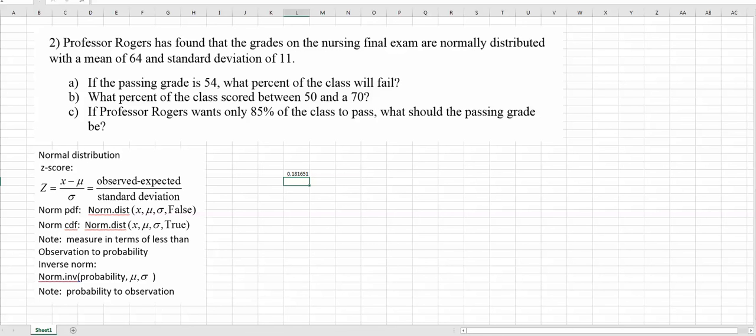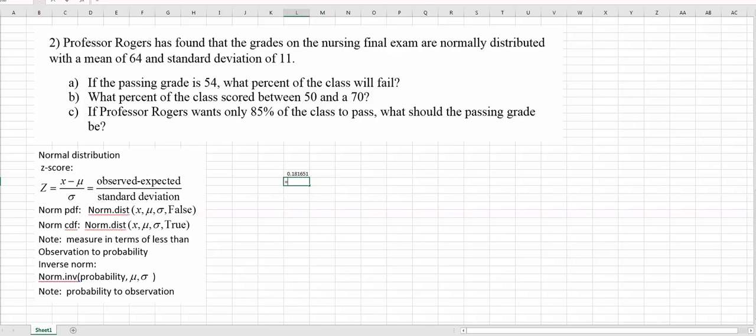Let me show you one other way to do the exact same question, but using z-scores. What I just showed you is actually sufficient for most problems, but occasionally we need to convert it to a z-score, and that's actually not too bad to do. First figure out what the related z-score is, that's observed minus expected divided by standard deviation.